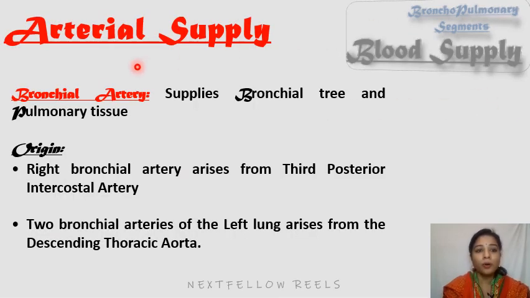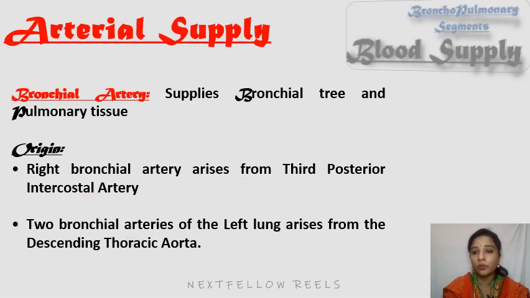Regarding the arterial supply, a bronchopulmonary segment is supplied by the bronchial artery, which we saw in the previous image, supplying the bronchial tree and pulmonary tissue. The right bronchial artery arises from the third posterior intercostal artery, whereas on the left side there are two bronchial arteries supplying the left lung, and they arise from the descending thoracic aorta.